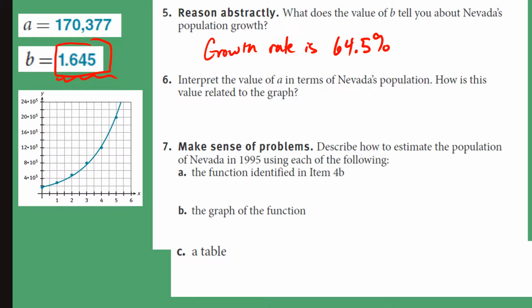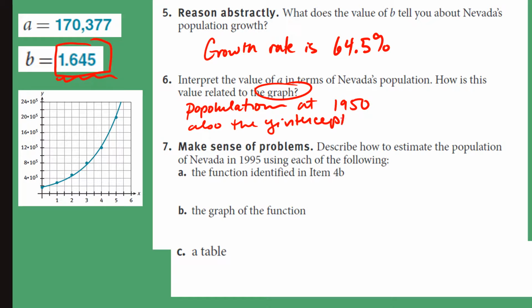The value of A is the population 0 decades before 1950. So that's the population at 1950, and it's also on the graph. How is it related to the graph? That would be the y-intercept, because x is the decade since 1950, so it would be at 0 decades.